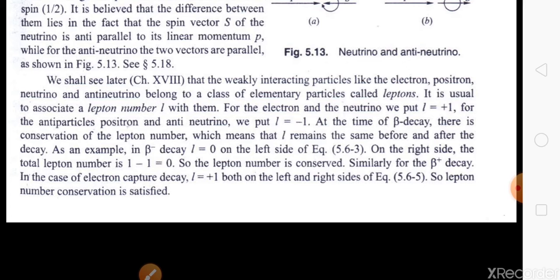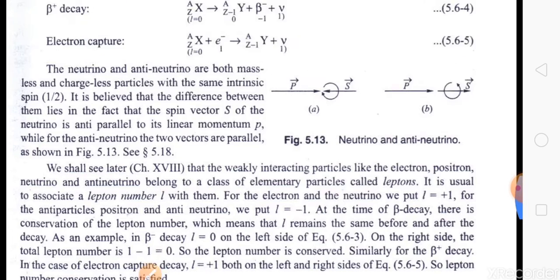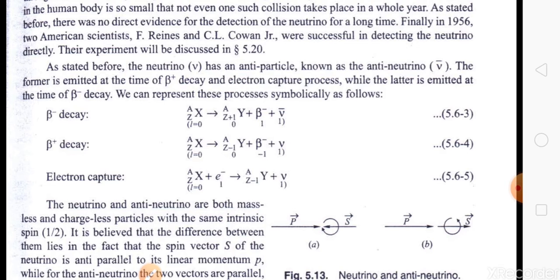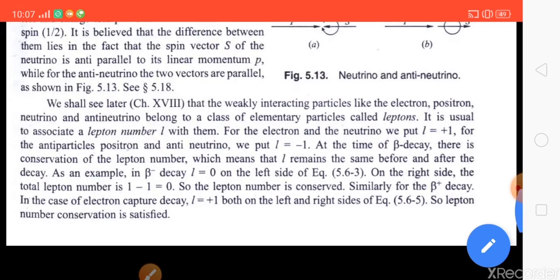At the time of beta decay, there is a conservation of the lepton number, which means that L remains the same before and after the decay. For example, in beta negative decay, L equals 0 on the left side of equation 3.